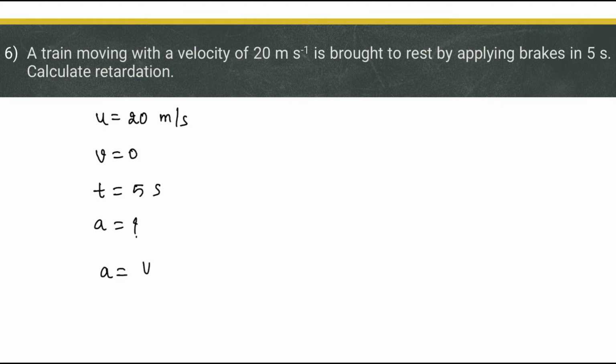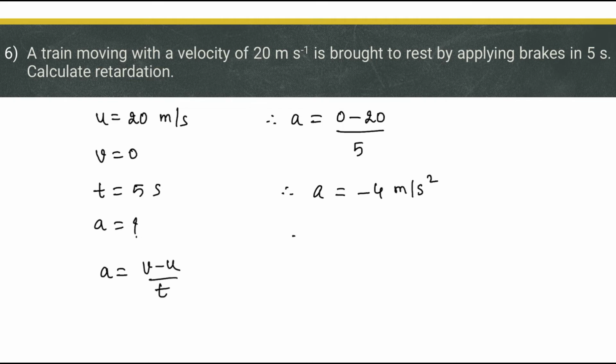A is equal to V minus U upon T. So A is equal to final velocity 0, initial velocity 20, so 0 minus 20 upon time 5. So A is equal to minus 4 meter per second square, and hence we can write retardation is equal to 4 meter per second square.